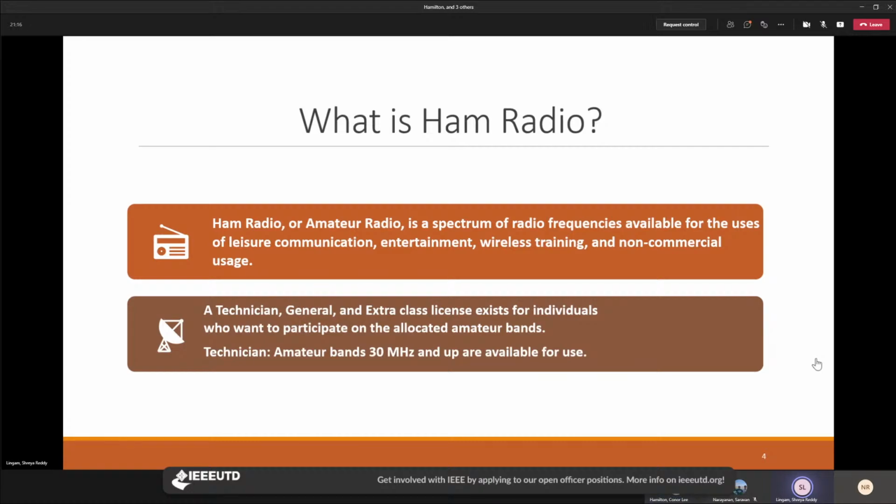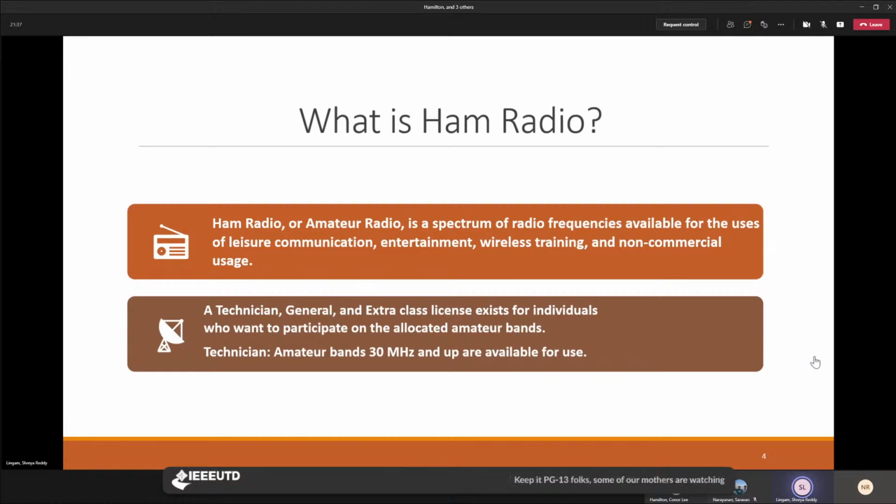Okay, so we're going to start off by just explaining what is ham radio. Ham radio is a popular hobby and service in which radio frequency spectrum is used for non-commercial message exchange, wireless training, radio sport, and more. There are three classes of licenses that individuals can get: the technician, the general, and the amateur extra licenses.